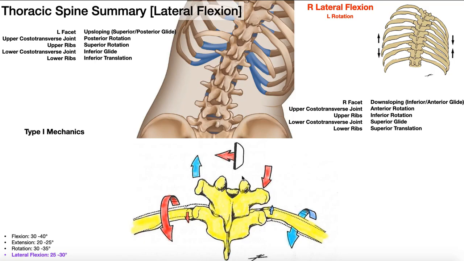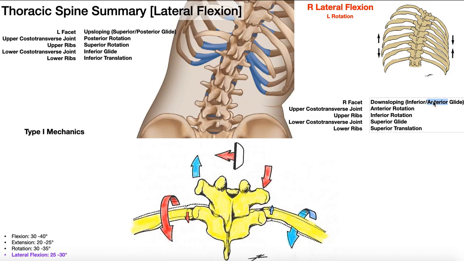Because if I'm rotating in this direction, that means on the right side there's going to be a little bit of anterior glide, and there would actually be a little bit of posterior glide on the left side. So it's not the traditional downsloping. It is an inferior glide, but it's associated with a little bit of anterior movement because the rotation occurs in the opposite direction.